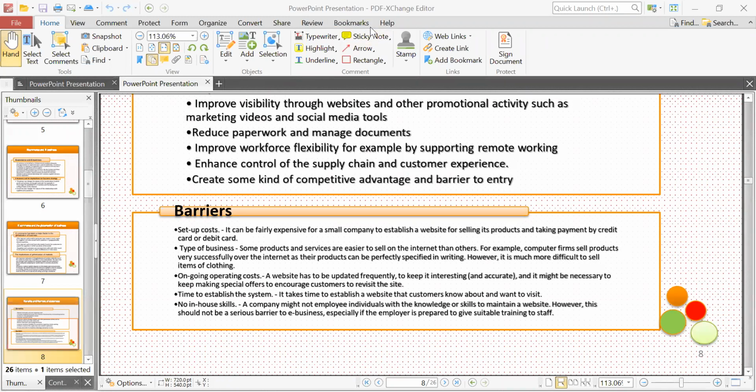Which product would you consider difficult to sell online today? Any idea? If you don't want to talk, you can type it. Is there anything like that?